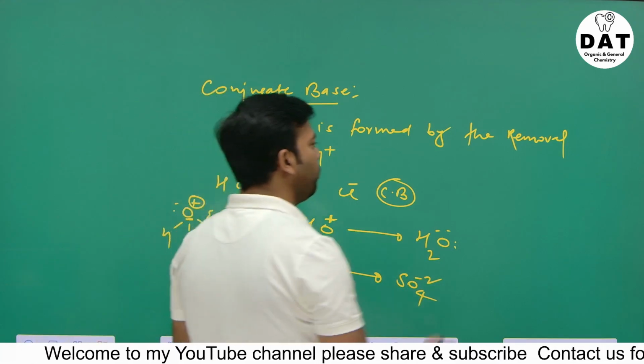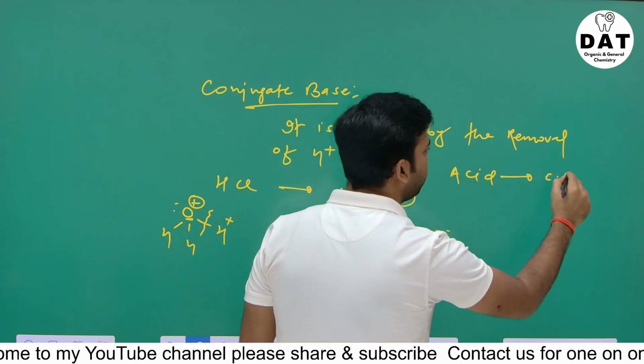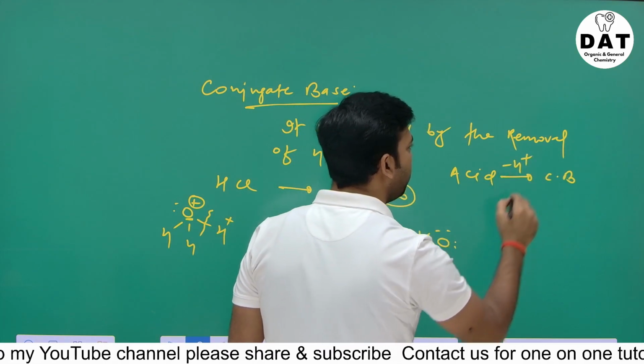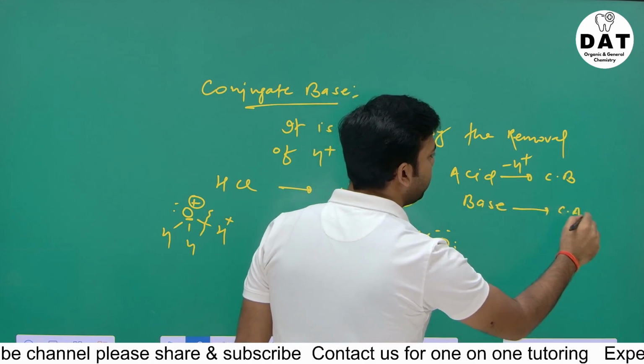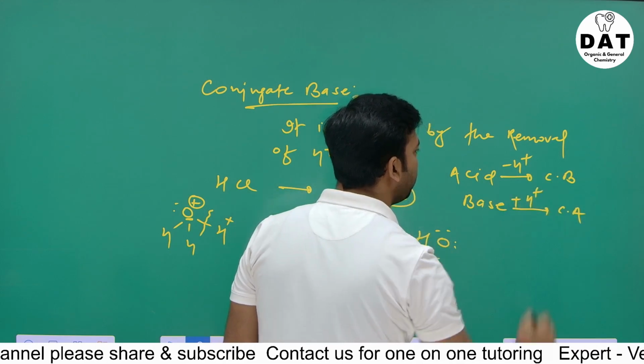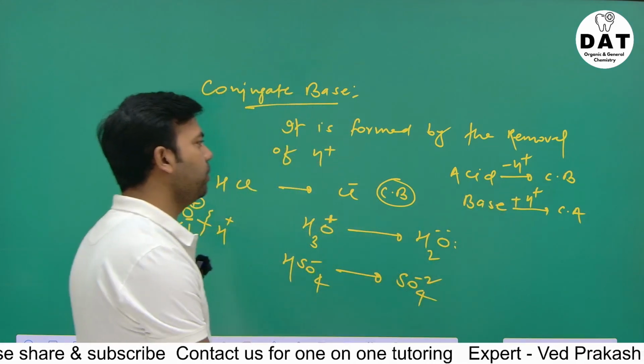And one more thing I want to add here: acid forms conjugate base by removal of a proton, and base forms conjugate acid by addition of a proton. Clear? Minus means elimination, plus means addition. Make sense?